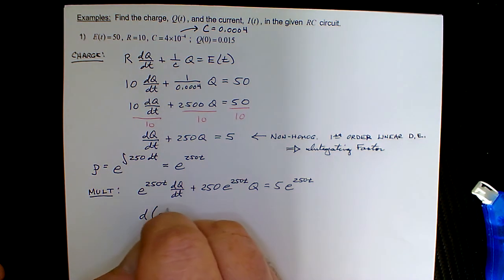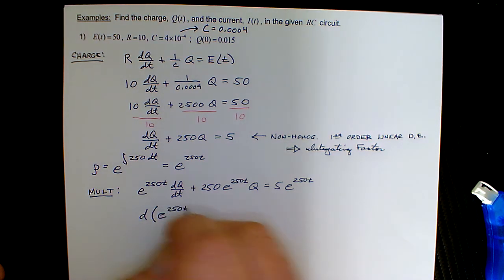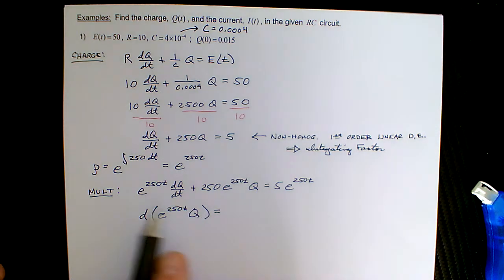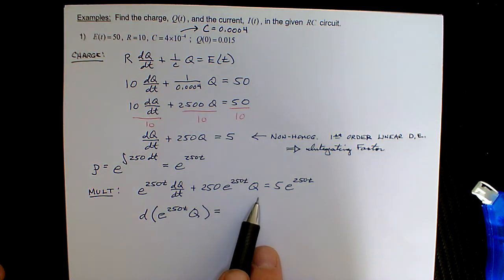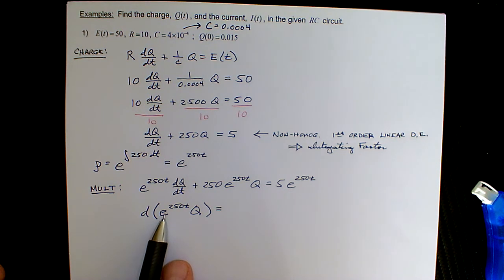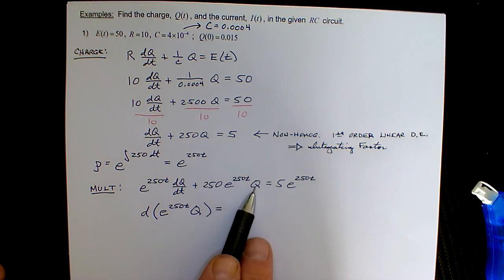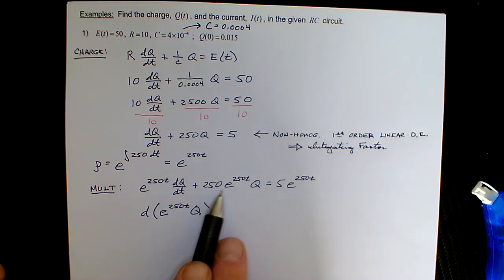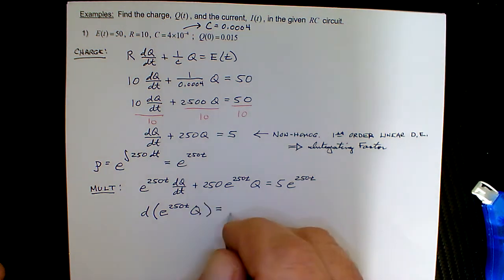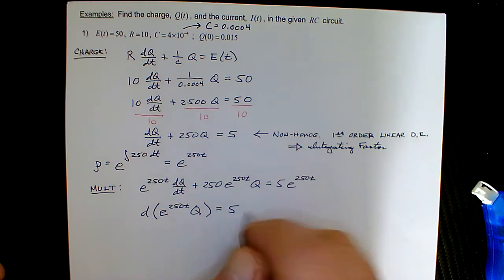So what I mean by that is e to the 250t times just q is going to be the product that gives us that left-hand side. And you could verify that, as I always encourage you to do so. Here's the first factor, e to the 250t, derivative of the second, dq dt, plus the second factor q, and derivative of the first, and the derivative of e to the 250t is e to the 250t times 250. So then that's equal to the right-hand side.